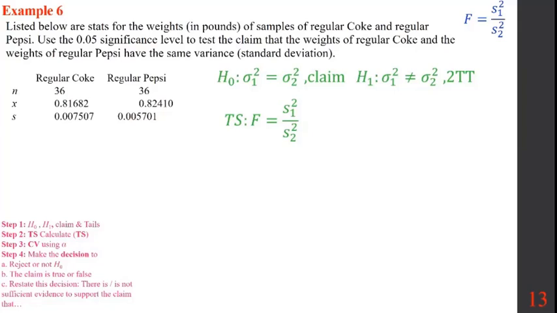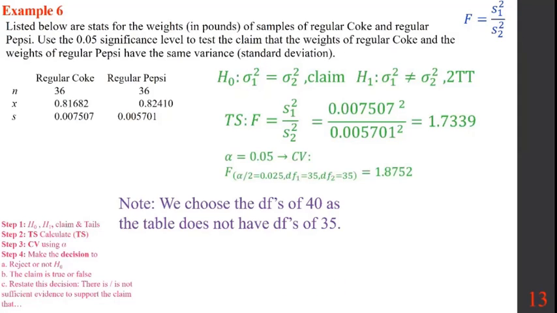So with that being the case, we end up with 1.7339. Alpha is 0.05. Because it's a two-tailed test, we cut it in half, 0.025, and we use the table of 0.025 with the degrees of freedom of the numerator and denominator, both of them being 36 minus 1, or 35.